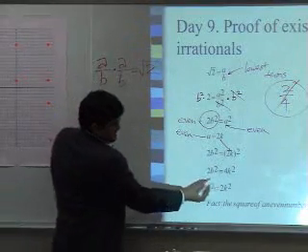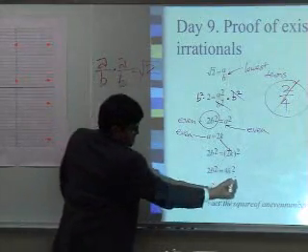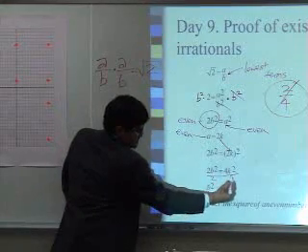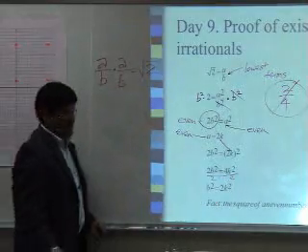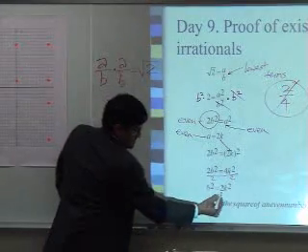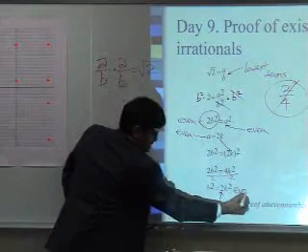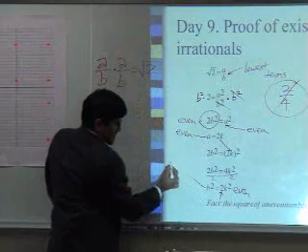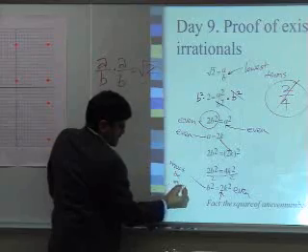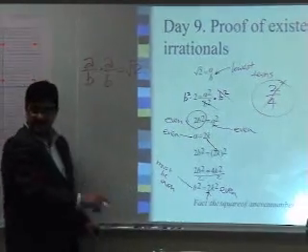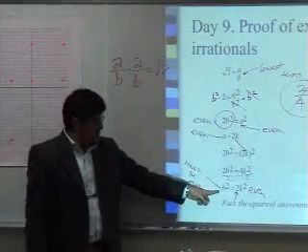Which, if I simplify, that means if I divide by 2, I get b squared equals 2k squared. Since this number is even, then b must be even, right? Like I proved before, right? b must also be even.